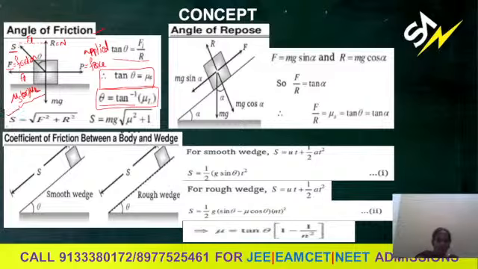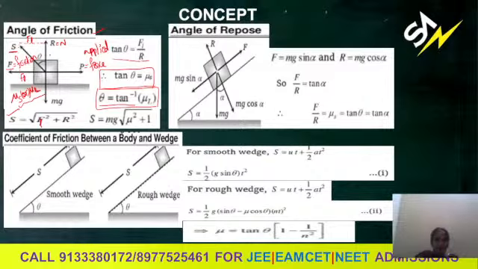Let us find the resultant of the normal reaction and friction, which is equal to the square root of limiting friction squared plus normal reaction squared, by applying the Pythagoras theorem in this diagram.